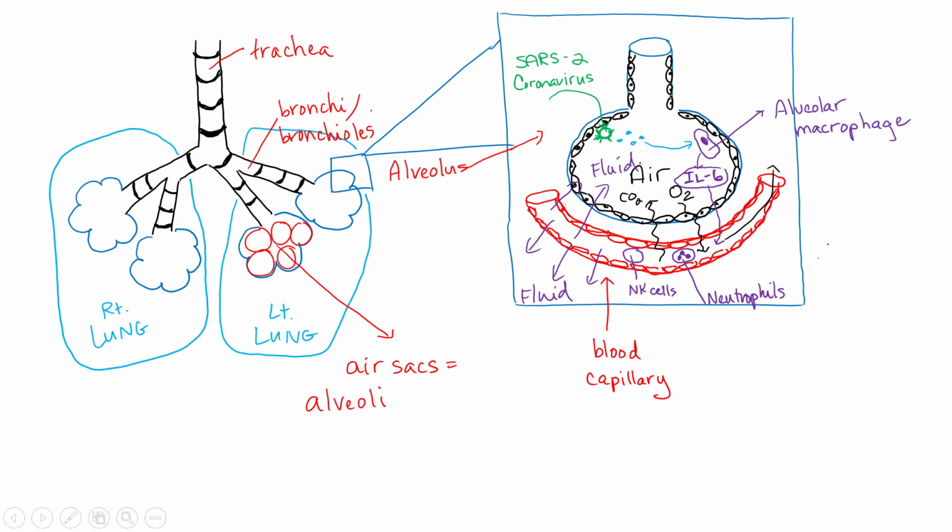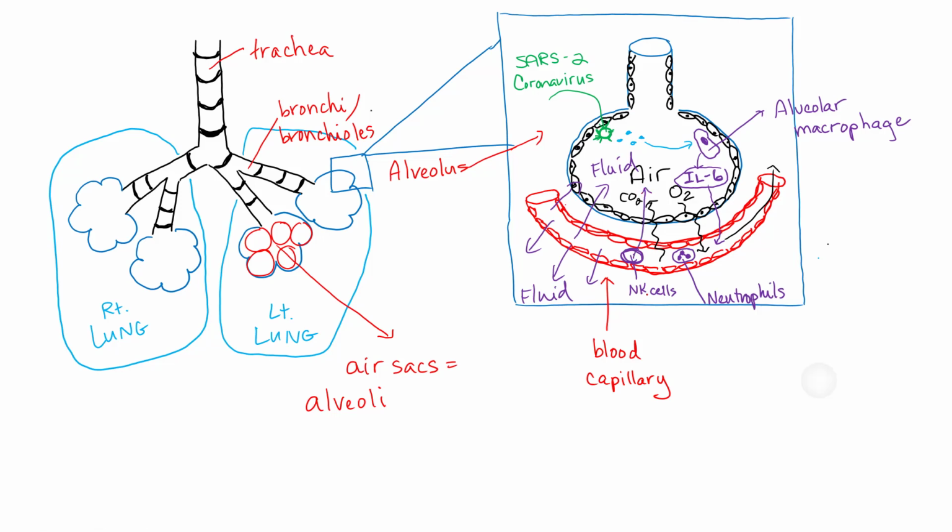What happens to these alveoli? They're filling up with fluid. What's going to happen to gas exchange if you get a bunch of fluid in your alveoli? There's not going to be any gas exchange, or it's not going to be very efficient. What's going to happen when we unleash natural killer cells into the alveoli?